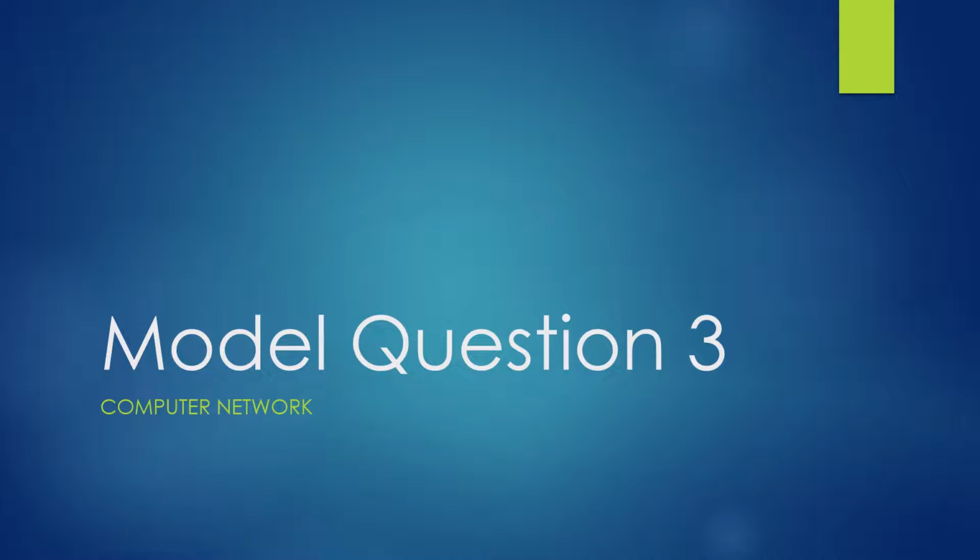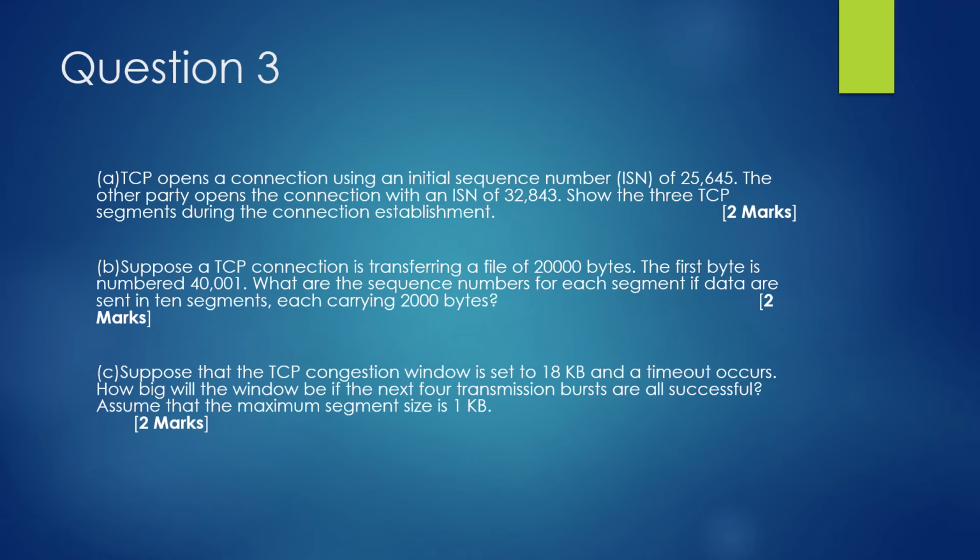I have already explained two questions from the sample paper in this series, so you can watch them. Now I am going to explain a third problem from the sample paper. The question is: TCP opens a connection using an initial sequence number, ISN, of 25,645.